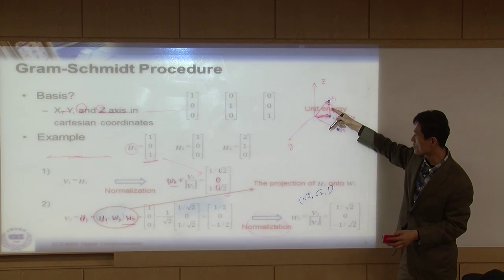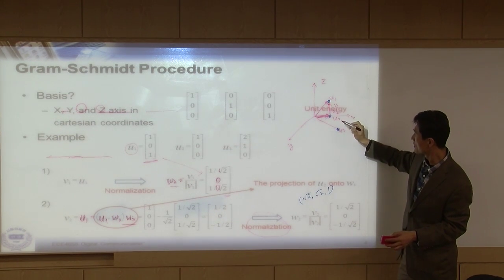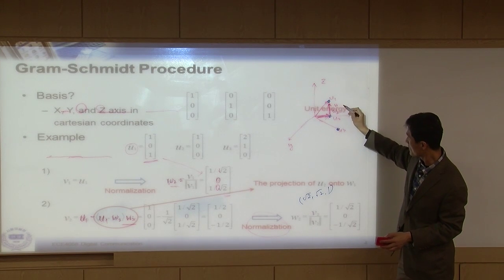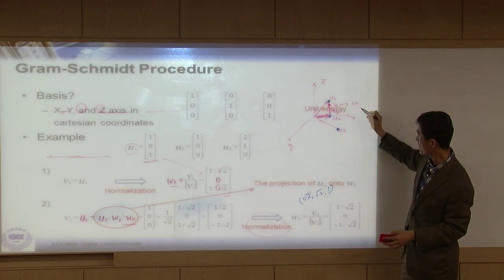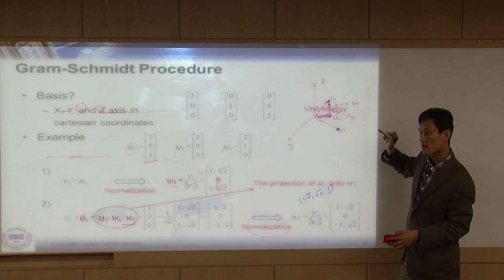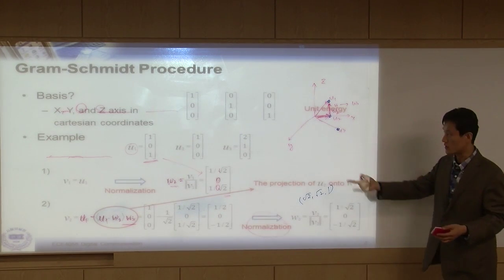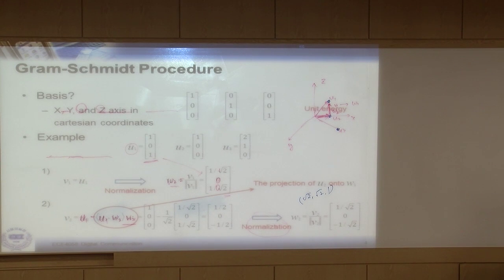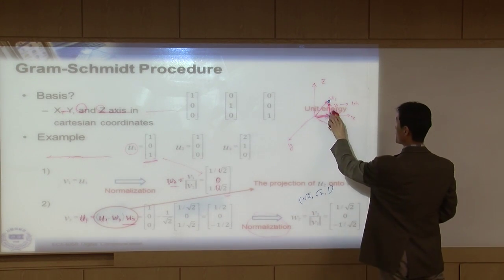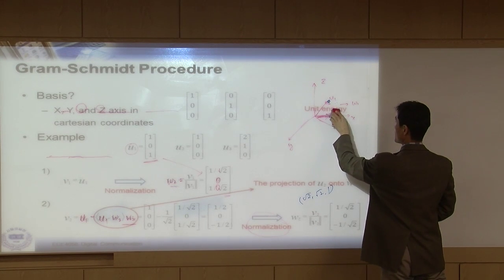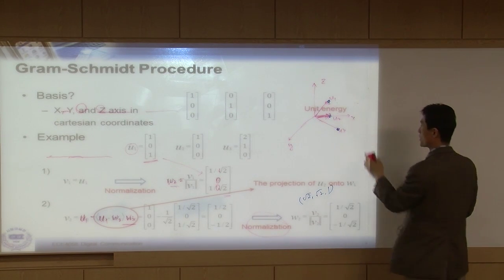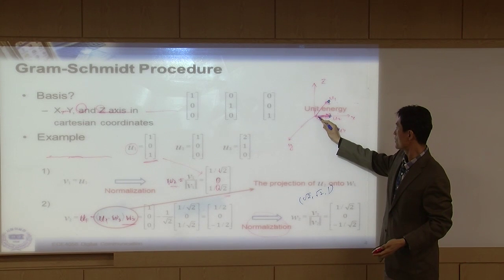That vector is going to be V1, and from this V1, we normalize it, and we get a new W1 here. Do the same thing for the third one. So eventually, when you keep doing it, probably you're going to get this one as a basis.